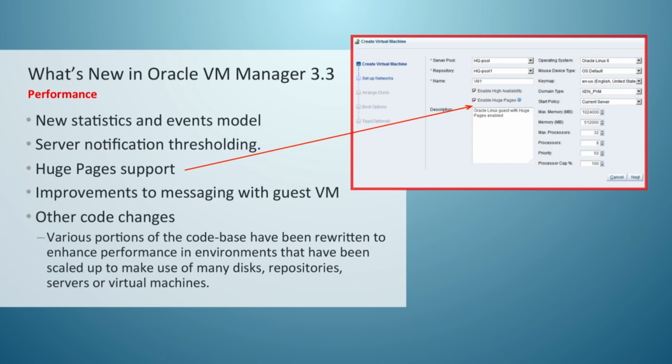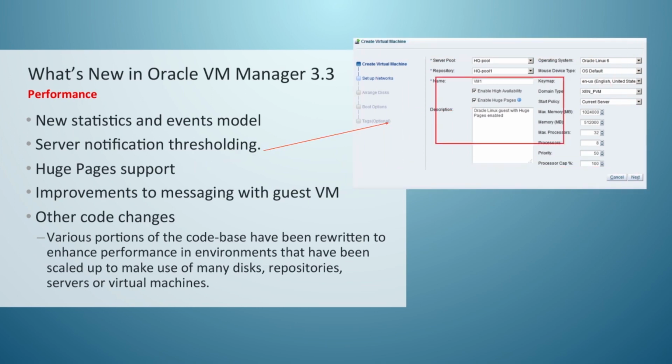Through a simple UI setting, you can set up huge page support for the VM, especially when you want to run a database workload in a virtual machine. There's also communication between Oracle VM Manager and the guest VM, leveraging the guest additions to improve the messaging to the guest VM. There are many other code changes to improve the overall performance of the Oracle VM infrastructure.